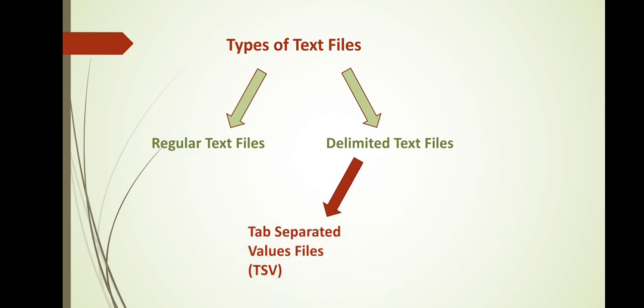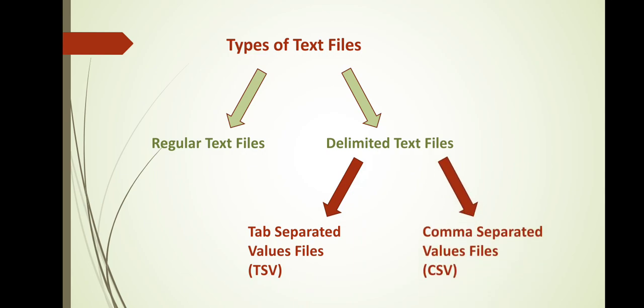The first one is known as tab separated value files, which are known as TSV files. These files have the extension either TXT or CSV. Another type of delimited text file is your comma separated value file, that is, the CSV file.